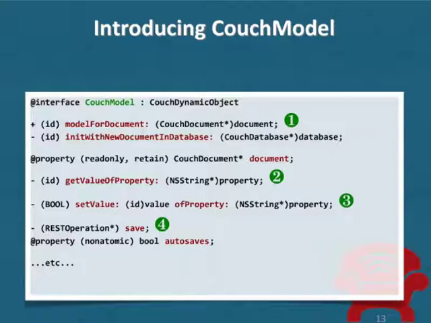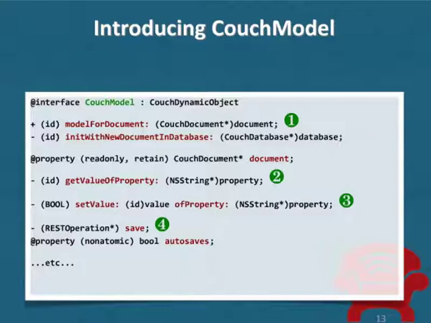Or you can create a model for a new document in a database, and it won't actually get saved out to a Couchbase document until you save it. We then have the getters and setters for properties, get value of property, set value of property. And then finally, we have a save command to save the model object back to the document.